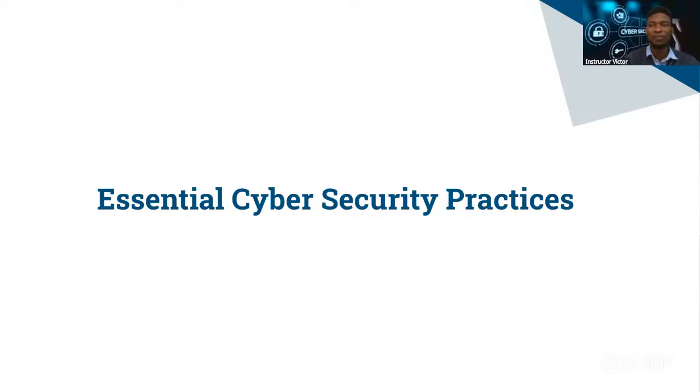If the link does not start with HTTPS, don't click on it. So be cautious of suspicious links, emails, or attachments. In the course of this webinar, we will expatiate more on how to be cautious of suspicious links, emails, or attachments. All right.